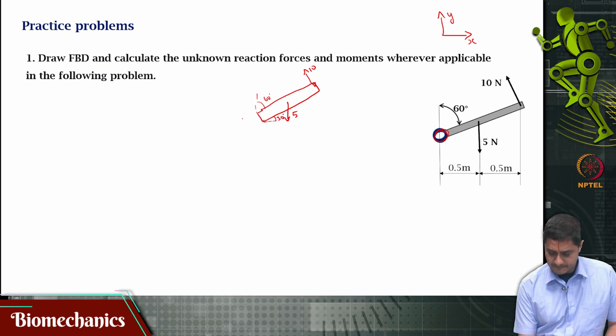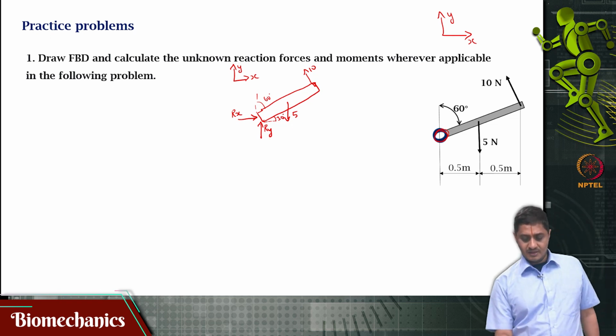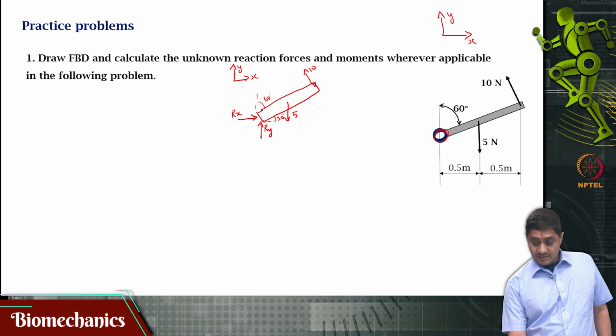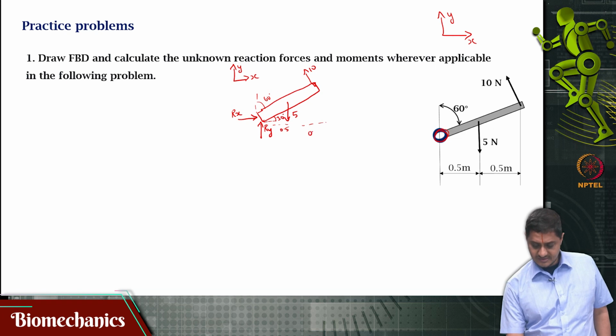There will be two components. Remember, that will be the xy axis. There will be a reaction component along the x axis, which we are going to call Rx, and a reaction component along the y axis, which we are going to call Ry. And these distances are given to be 0.5 meters and 0.5 meters.